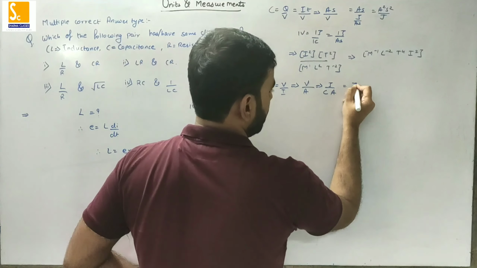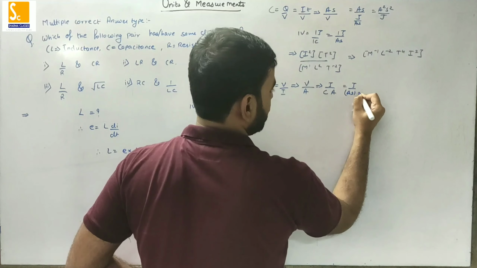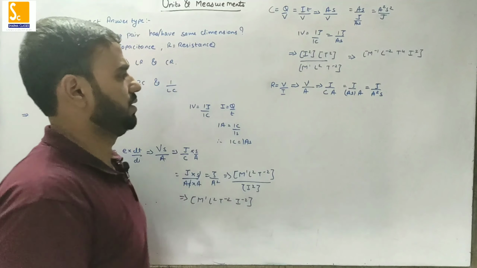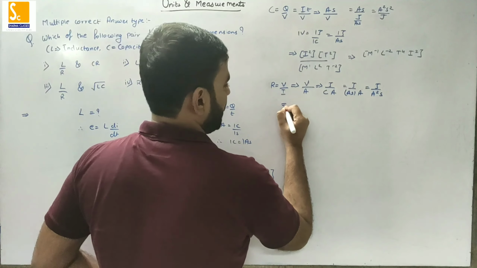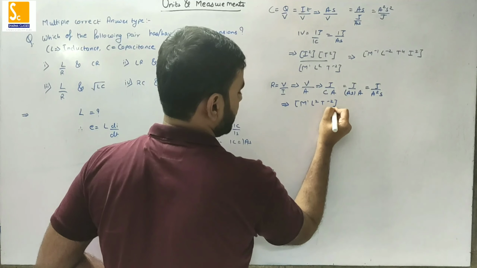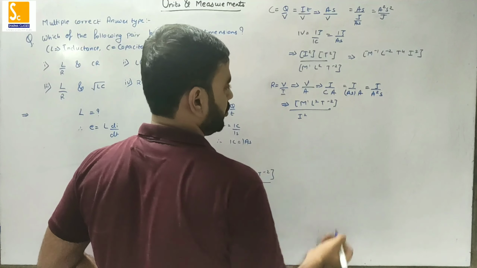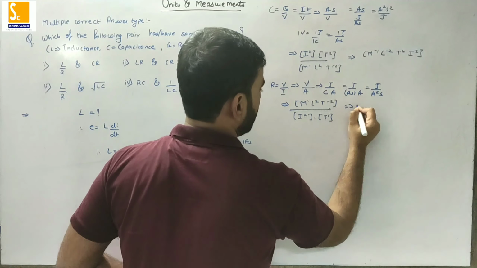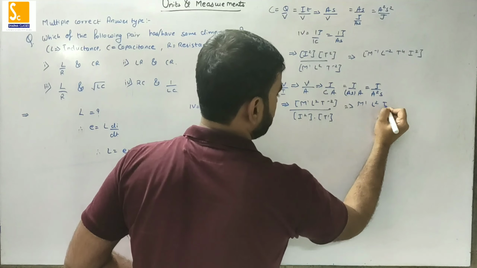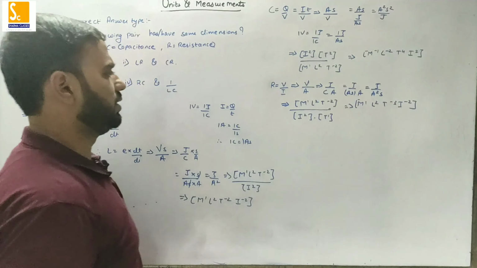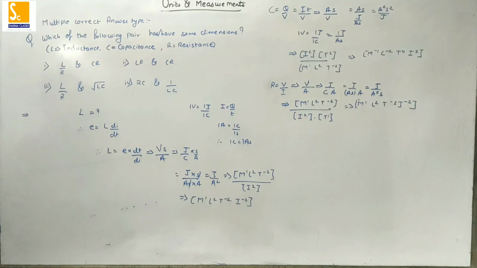So I will write down joule upon ampere second into ampere, so it is nothing but joule upon ampere square into second. So what will be the dimensional formula for resistance? It is M raised to 1 L raised to 2 T raised to minus 2 upon I raised to 2, and for second T to the power 1, so it comes out to be M raised to 1 L raised to 2 T raised to minus 3 and I raised to minus 2. So this is the dimensional formula for resistance.